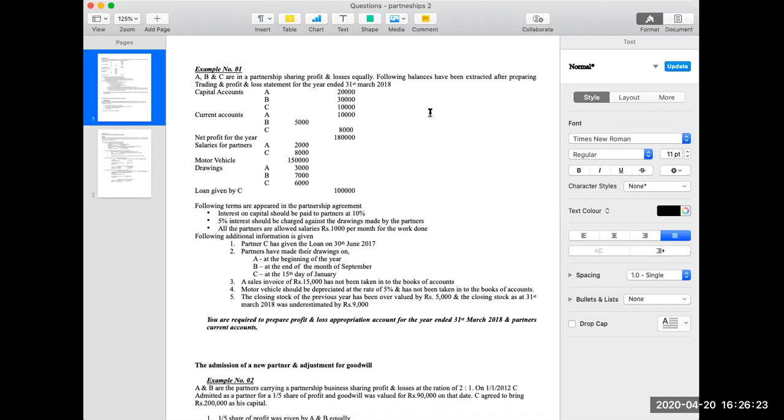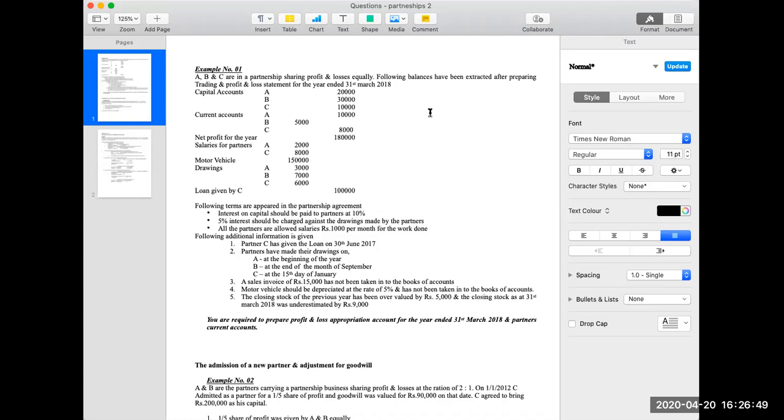You are given some additional information. The following terms appear in the partnership agreement. What are the terms? Interest on capital should be paid to partners at 10%. Right, there is a capital amount given, so interest on capital has to be paid at 10%. 5% interest should be charged against the drawings made by the partners.